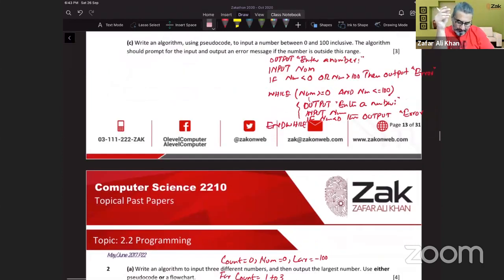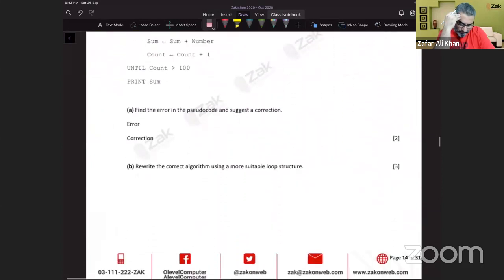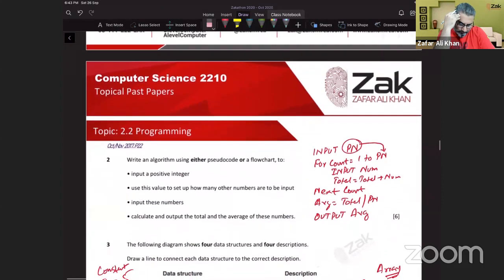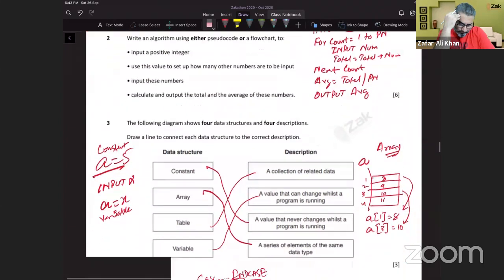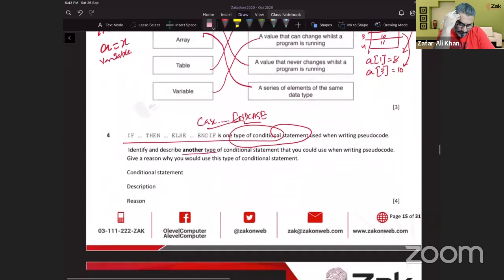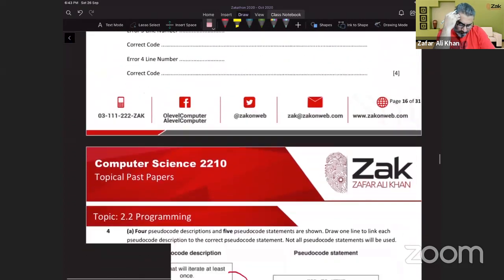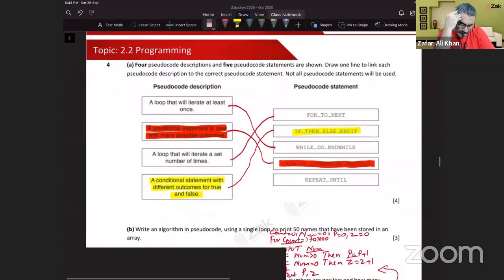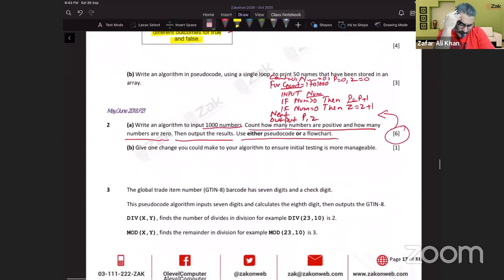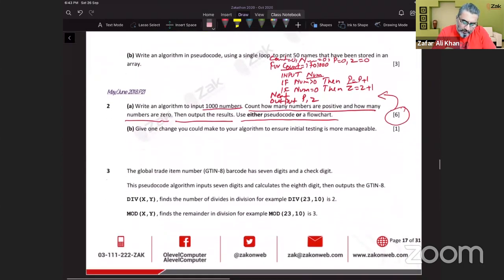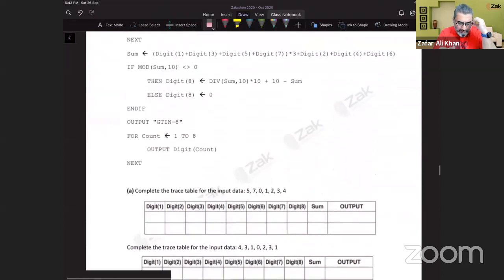So let's see. Write an algorithm using pseudocode to input three different numbers, multiply the two larger numbers together and output the result.